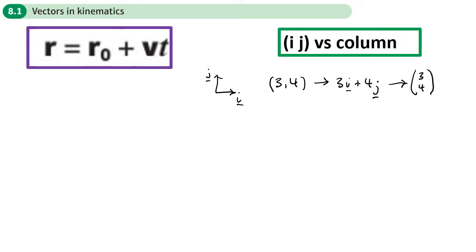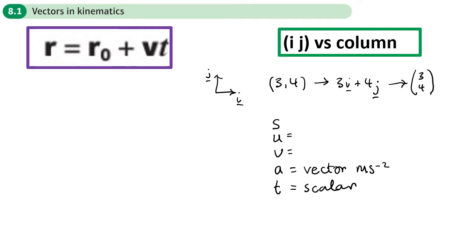Now we can use SUVAT with vectors. Time is always going to be a scalar, so that will just be a single number. Acceleration can be a vector, and we can write that as a column or ij, and that would be meters per second squared.